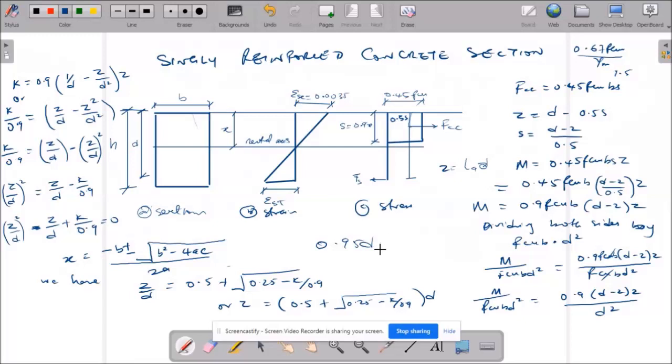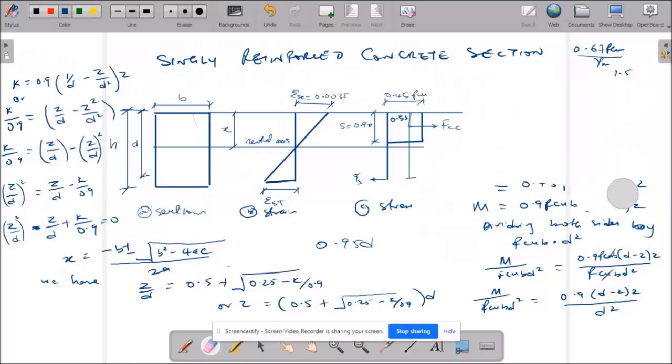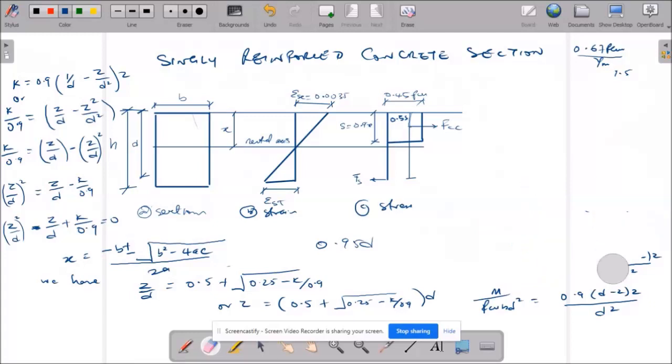That is, LA is given by, let's clean the board. So LA is given by our lever arm factor.